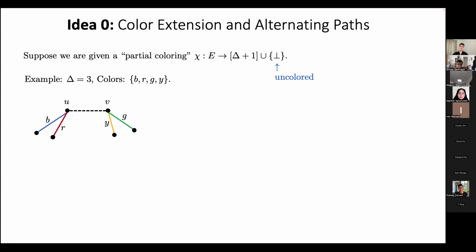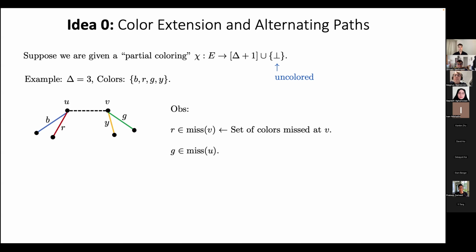Incident on U you have a blue edge and a red edge, and incident on V you have a yellow edge and a green edge. The key observation is that because we have delta plus one colors, we will always have colors missing at nodes. Here, for example, node U is missing the color green, and node V is missing the color red.